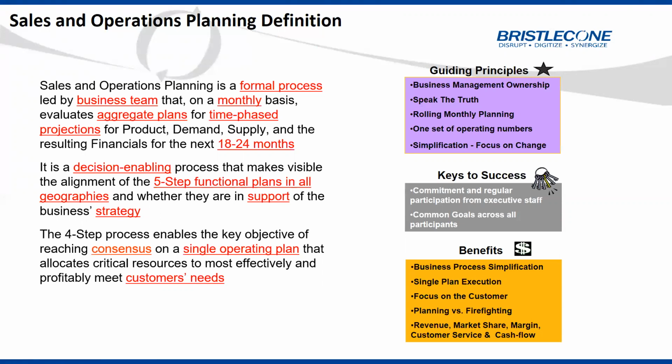A typical SNOP process can be a 5-step or a 4-step process, but the output of those steps is essentially an understanding between various functions of an organization. Demand is managed by a different function; supply, inventory, capacity, all those areas are managed by a different function, in most cases the production team.